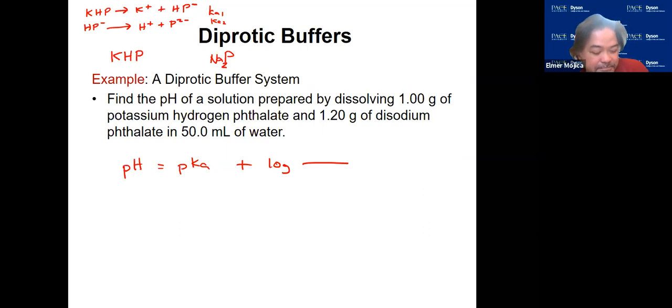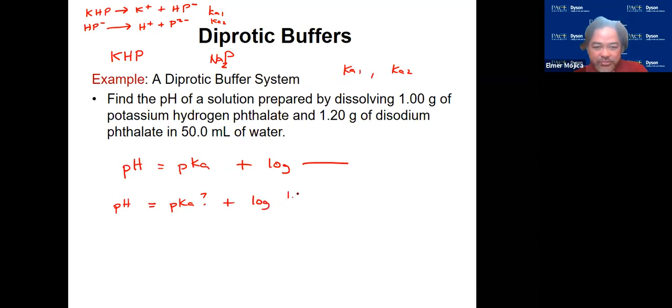Anyone? Because what if I gave you Ka1, Ka2, and the corresponding mass of these two? So let's say I have this. This is the one that I'm asking you the question about, and I'm just going to put the numbers that we have here.